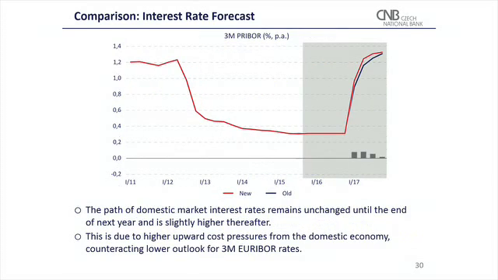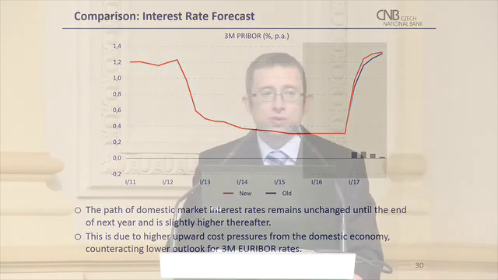As regards the interest rate path, the changes are only minor for 2017 to the upside, which reflects the slightly stronger cost pressures from the domestic economy, which are, however, being counteracted by a lower outlook for the euro area interest rate in 2017.